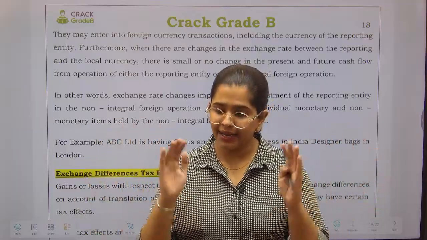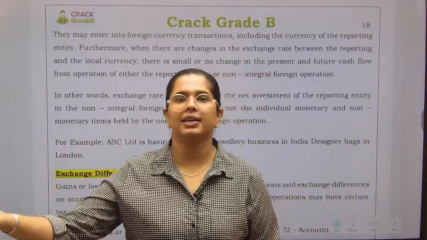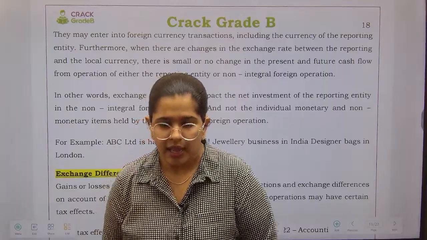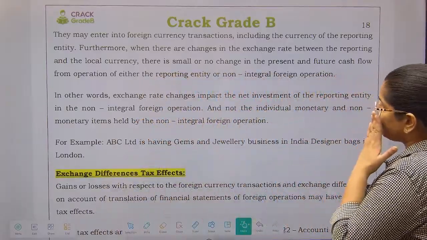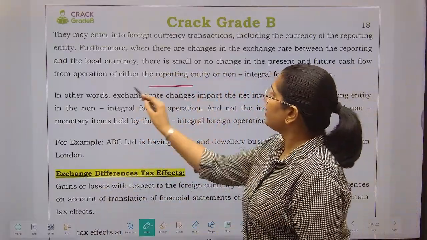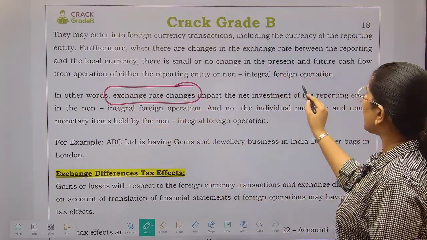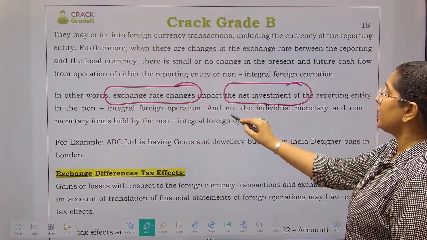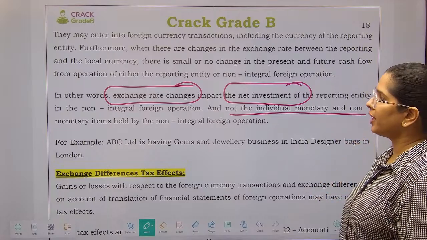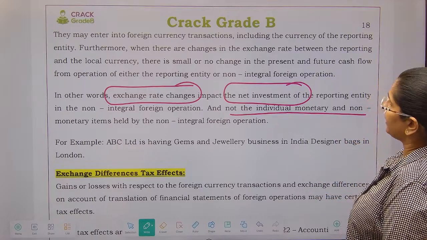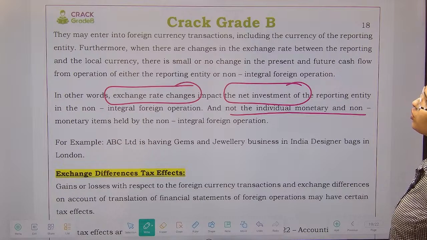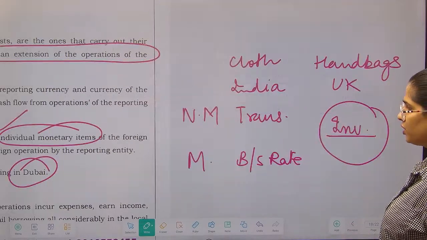No, आप net investment देखोगे कि भैया total पैसा कितना लगा है ये बताओ इसमें, right? So that is why over here exchange rate changes will impact the net investment, not the individual monetary or non-monetary items. Fine. So this is what your integral as well as the non-integral business operations.